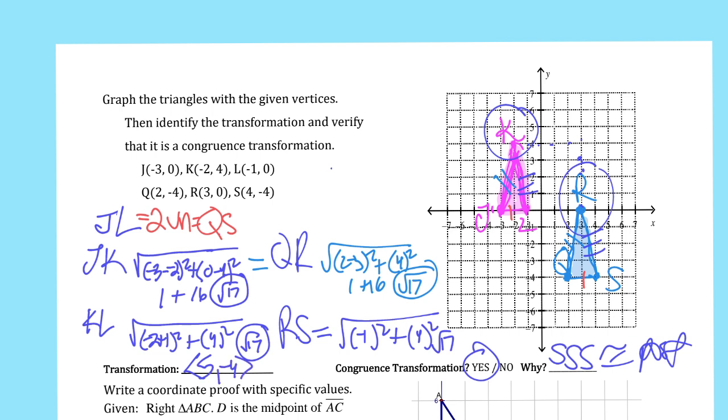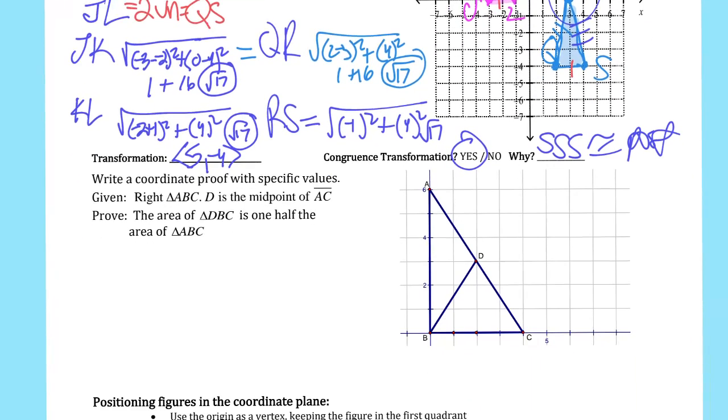We don't know which one, so it's a translation, and you can say the dimensions depending on which one it is. You move right and down, or if you start at the right and go to the left, it should be left and up. There is no given as to which one is the pre-image and which is the image, but we just know they're a translation away from each other.